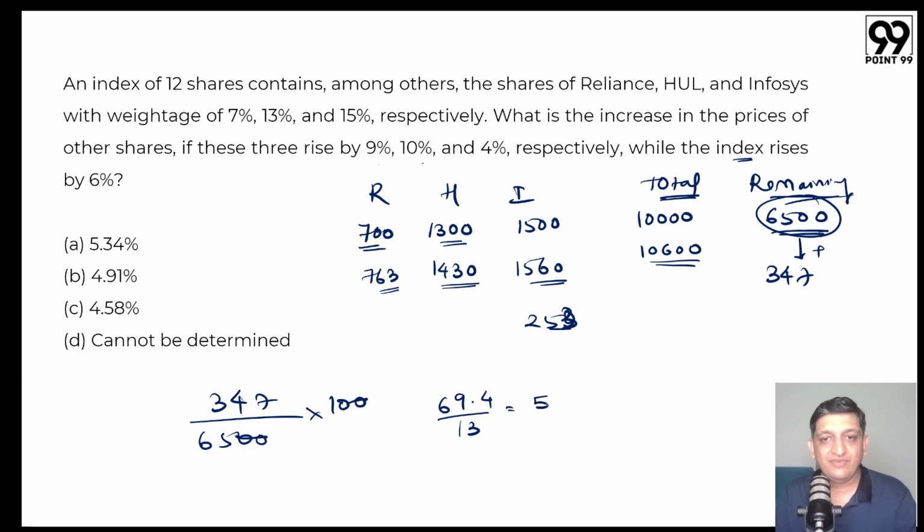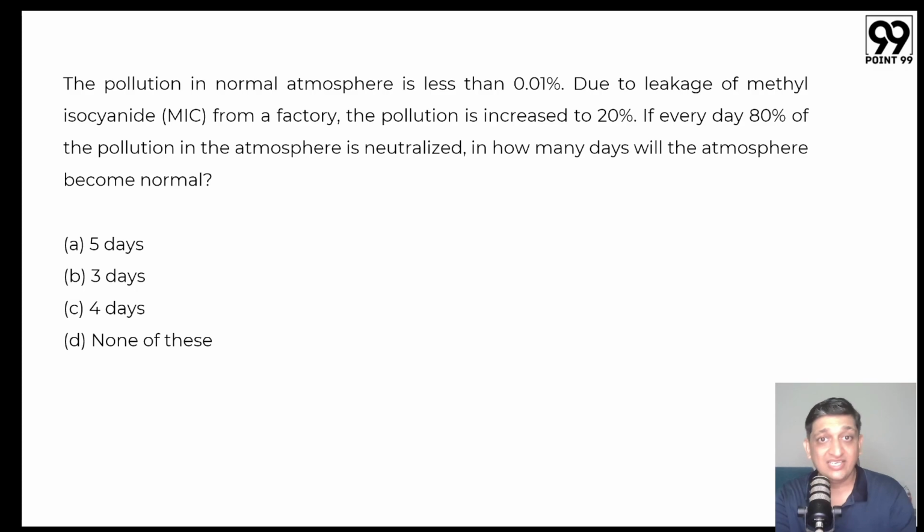I know 13 5s are 65, so this is fine. I am left with a 4.4. So 13 3s are 39, I'm left with a 5.0, 13 approximately 4 gives me 52. So my answer here is going to be option A, that is 5.34%.